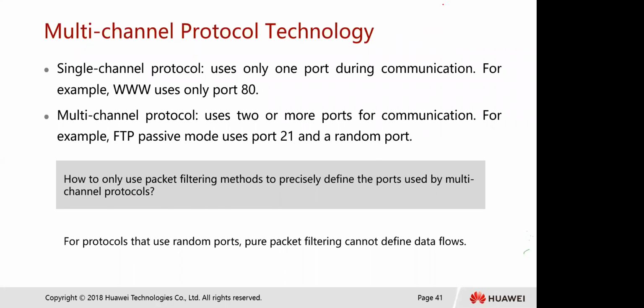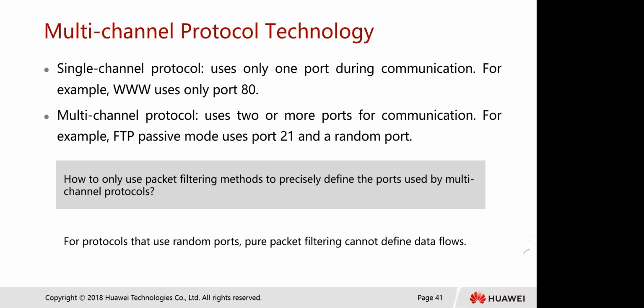Port selection is unpredictable, and an application may use one or more than one port at a time. So packet filtering firewalls can use ACLs to match the applications of a single channel protocol to prevent network attacks. However, ACLs can block only applications using fixed ports, but we already know that multi-channel protocol applications that use random ports bring security risks.